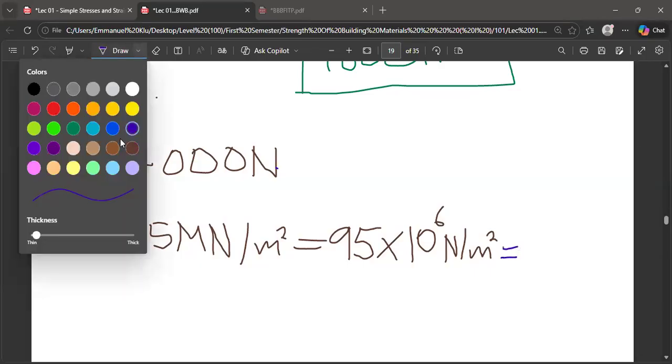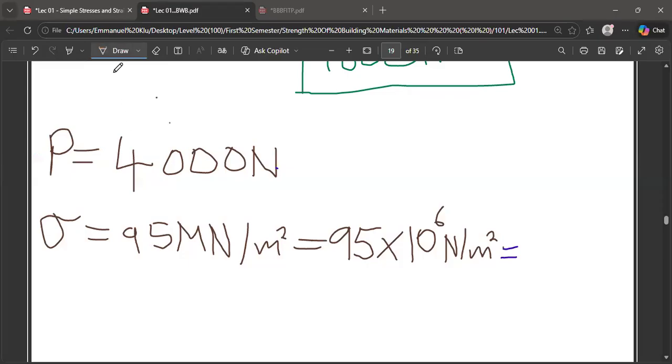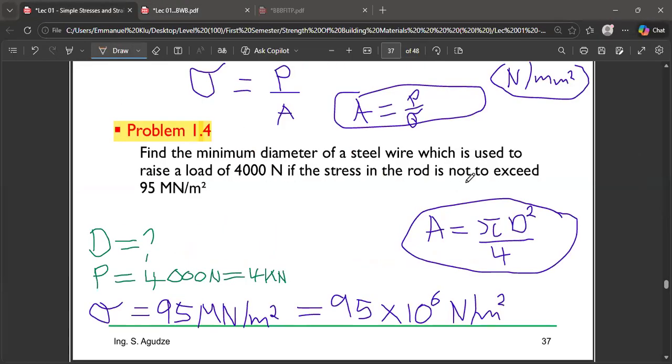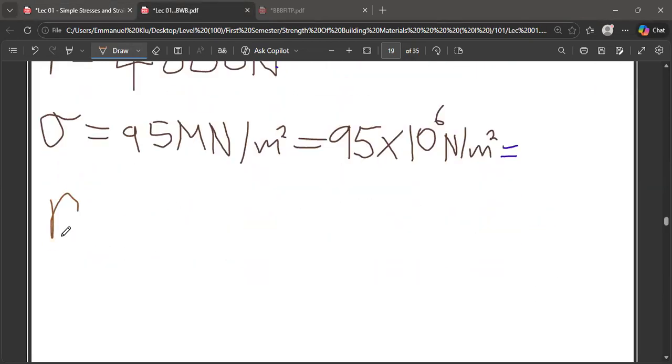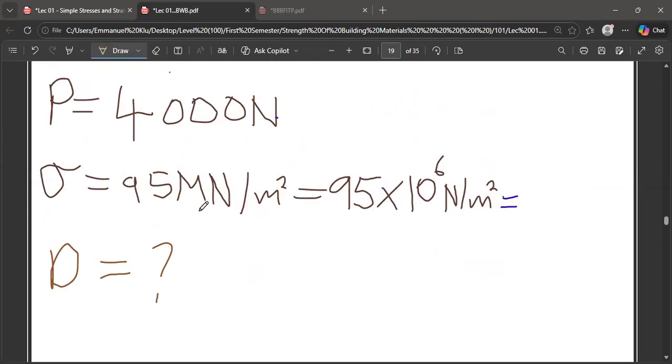What other thing are we left with? Let's go back to our question again. So if we are done bringing all our parameters out, our D, which we know we are being asked to look for, we are still searching for it. So we are supposed to convert this into Newton per millimeter squared before we proceed.